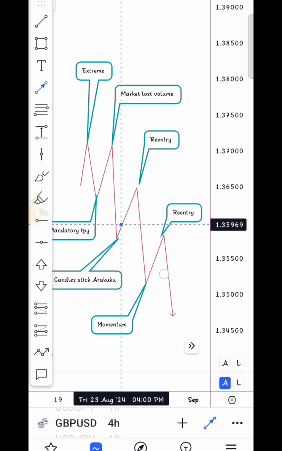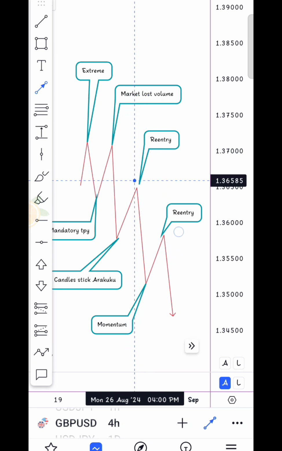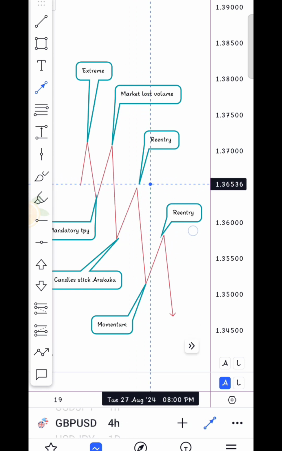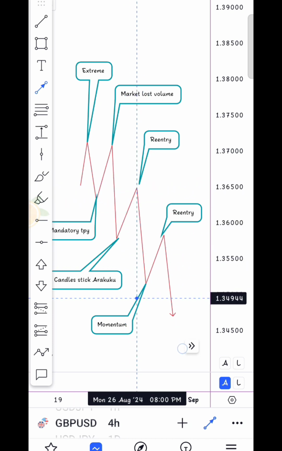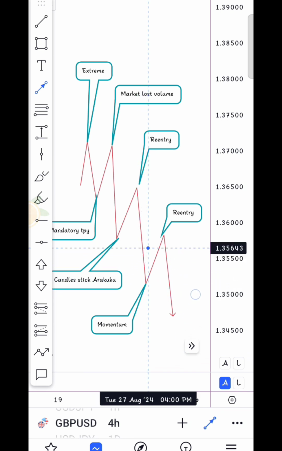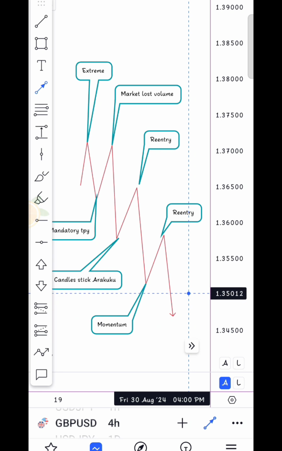From the candlestick direction, price will be ready to go in that direction, because it is giving you the direction where the market is expected to move next. So after that we shall have a re-entry, and right here is where we enter from, and price continues making momentum. It again comes back to a re-entry, making momentum, re-entry, momentum like that, and price continues downwards.